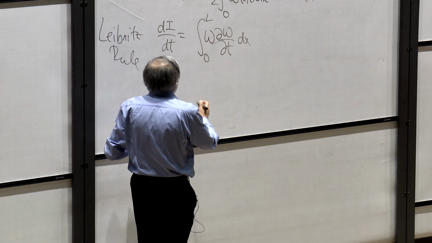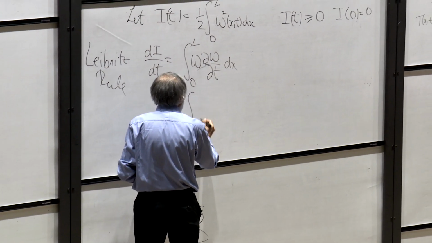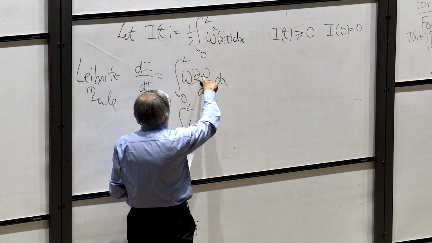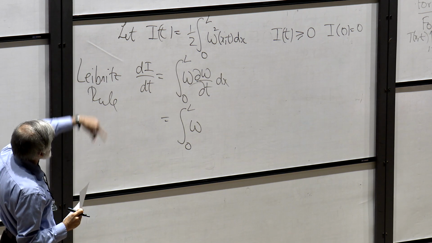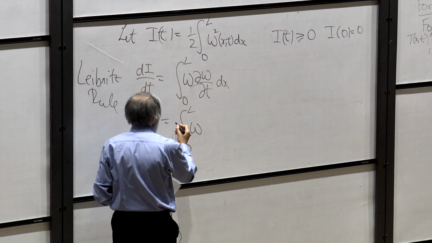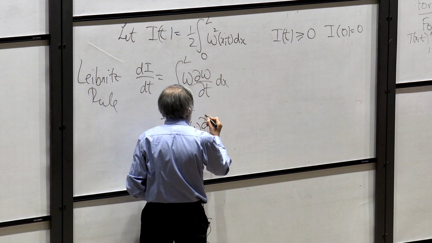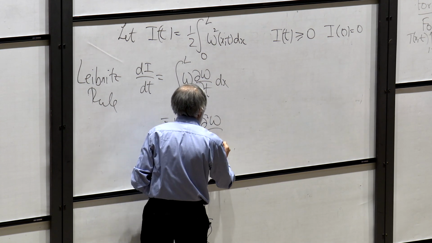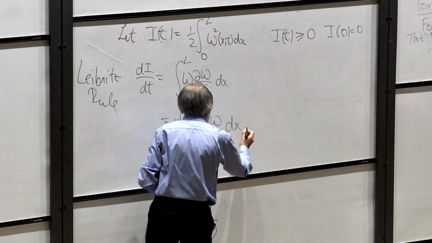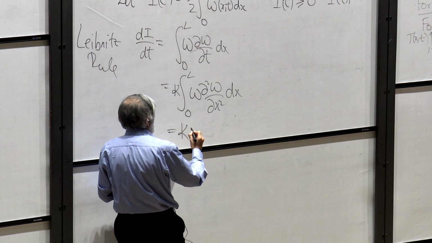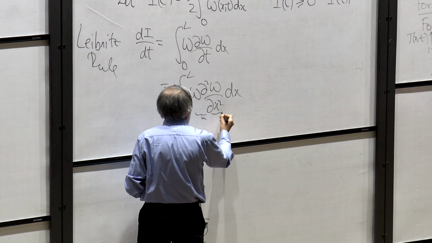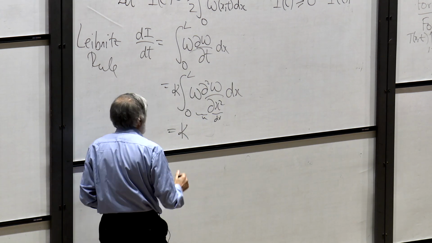And then the usual thing you do here, this is very common: dw/dt is kappa d2w/dx squared. Kappa is a constant, take it outside. Equals kappa, and now we do integration by parts.